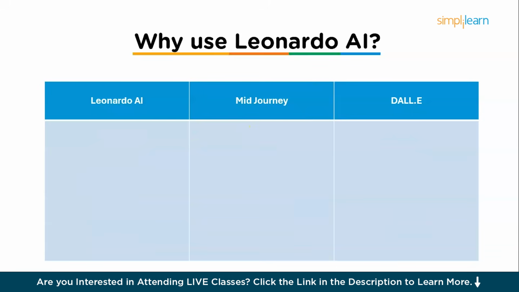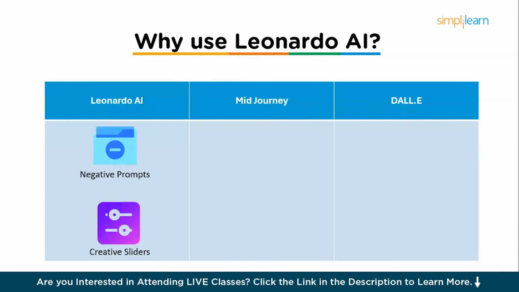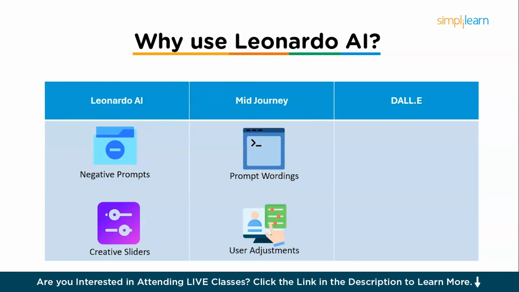Now moving on, we have control over the outputs. Leonardo AI users have more control with negative prompts and creative sliders for adjusting the AI flexibility. Midjourney results depend entirely on prompt wording with limited user adjustments. Now DALL-E is focused on broad and generalized AI generated images.